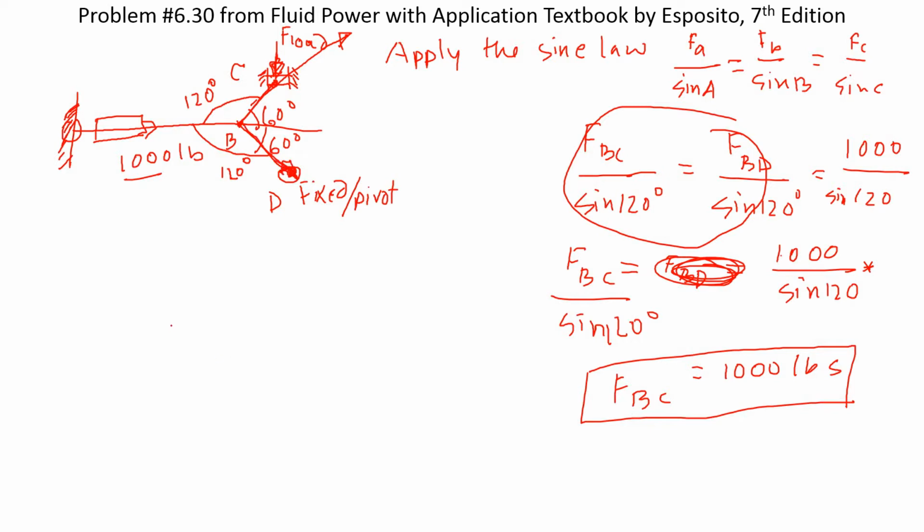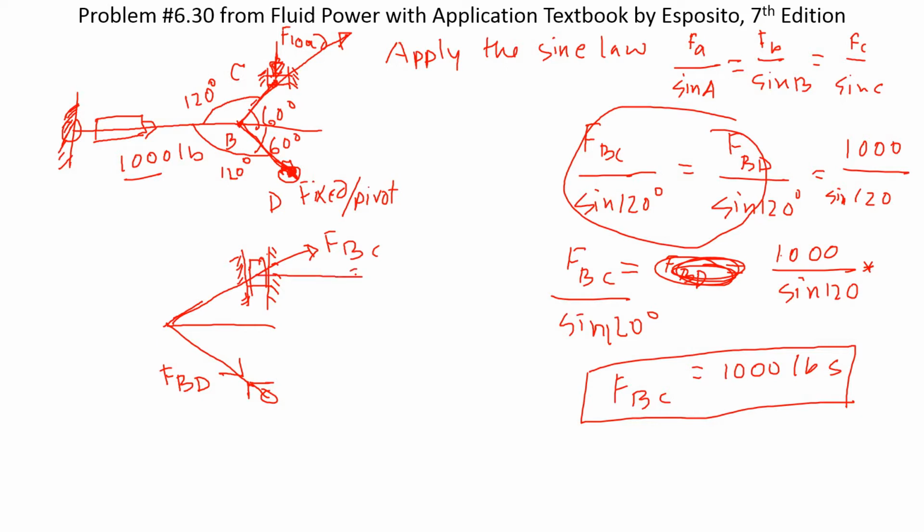If I redraw this, that BD force will be neutralized by this pivot point. However, there is nothing to neutralize this FBC piece, this cylinder, so there is nothing to neutralize that.